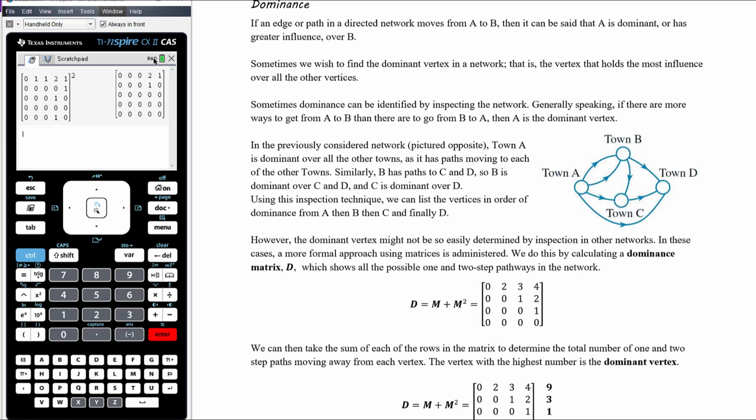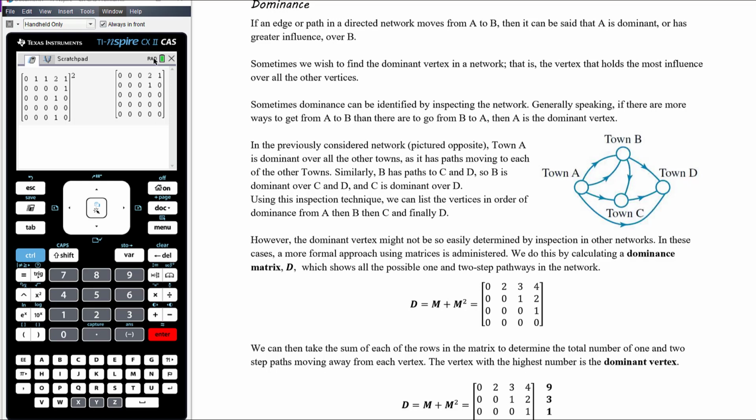Sometimes, as I said, we can identify the dominance by inspecting the network. But generally speaking, if there are more ways to get from A to B than there are to go from B to A, then A is the dominant vertex. In the one we looked at, it's really clear that A is the most dominant, but it might not be so easy to determine just from inspection.